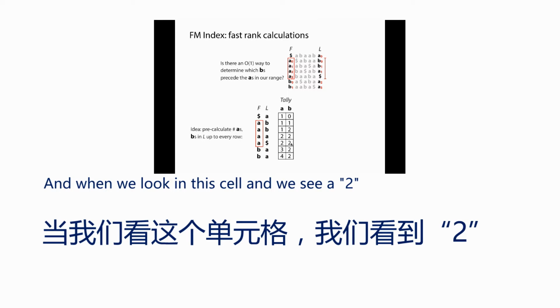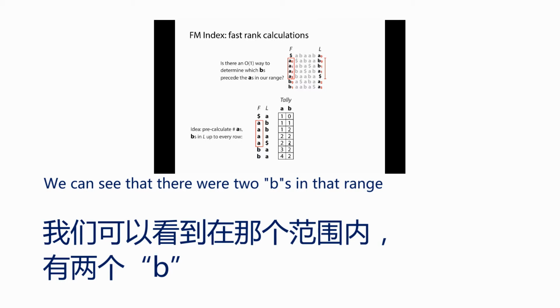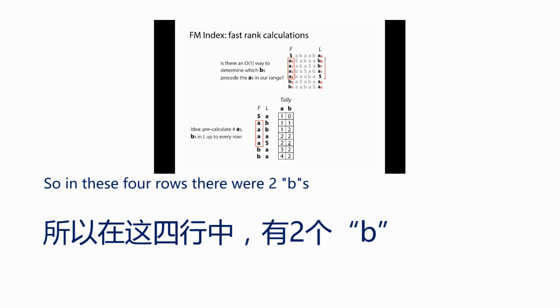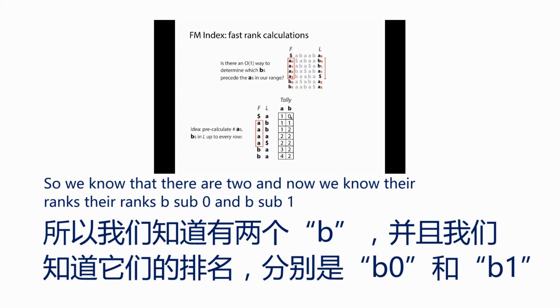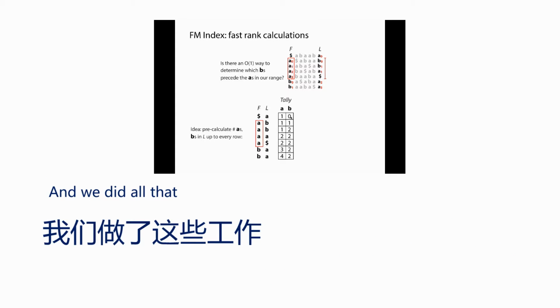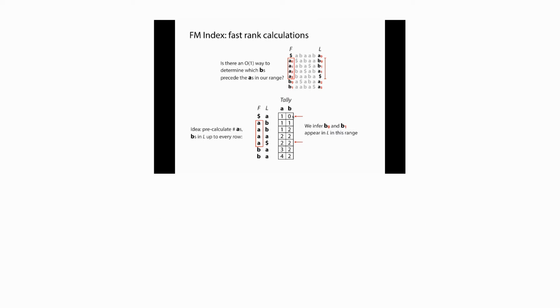And when we look in this cell and we see a 2, because the difference between 2 and 0 is 2, we can see that there were 2 B's in that range. So in these 4 rows, there were 2 B's. We can infer that because the difference between the value in this cell and the value in this cell is 2. So we know that there are 2, and now we know their ranks, B sub 0 and B sub 1. And we inferred all that just by doing 2 lookups in this lookup table, a constant amount of work.